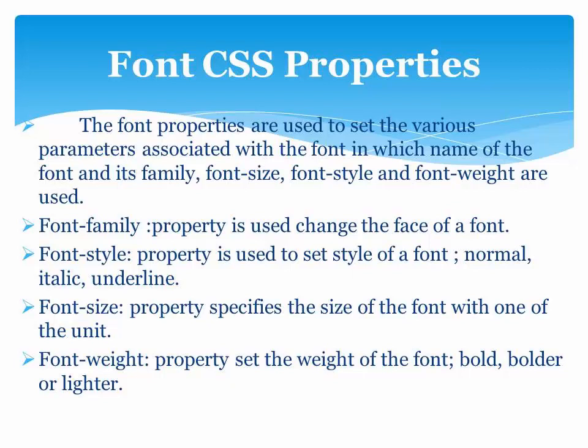Font family is used to change the font face, for example changing the font name to Arial, Times New Roman, etc. Font style is used to set the style of the font, such as normal, underline, italic, bold, etc. Font size lets us mention the size of the font. Font weight sets the weight of the font: bold, bolder and lighter, etc.